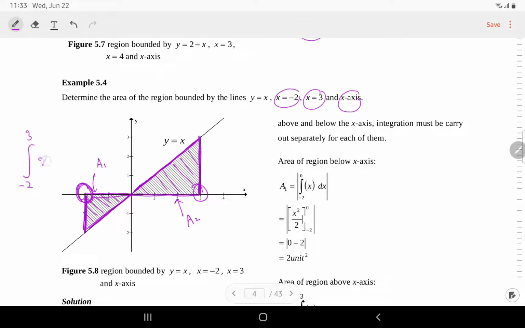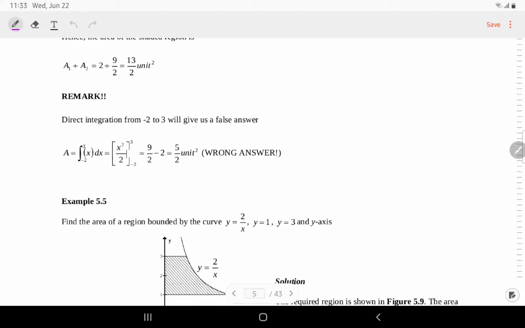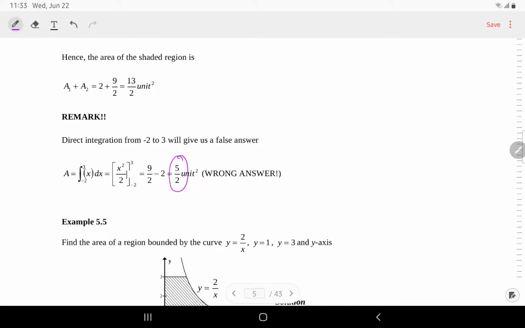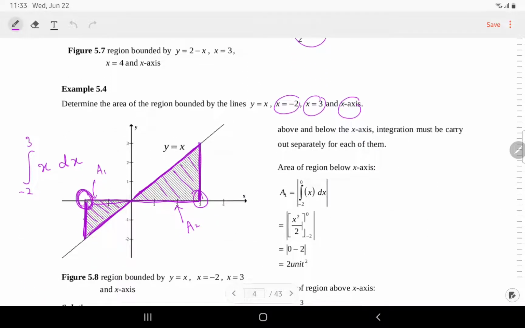Buat macam ni. Kenapa tak boleh? Okay, sebab tengok kalau kita direct integrate from -2 until 3, nanti akan dapat jawapan 5/2. Tak sama dengan jawapan yang sepatutnya, 13/2. Okay, sebab itulah tadi kita kena divide it into two sub areas.